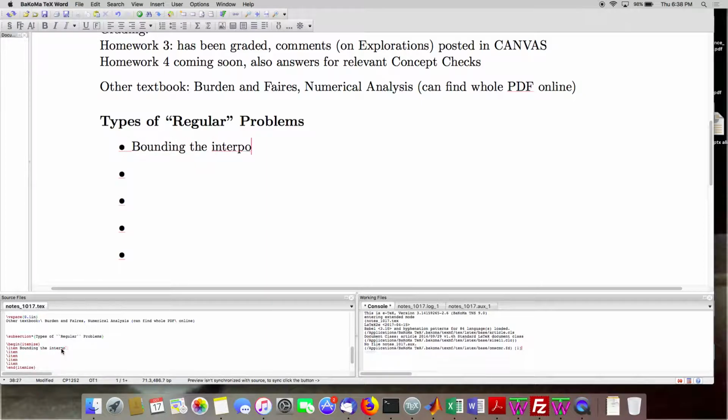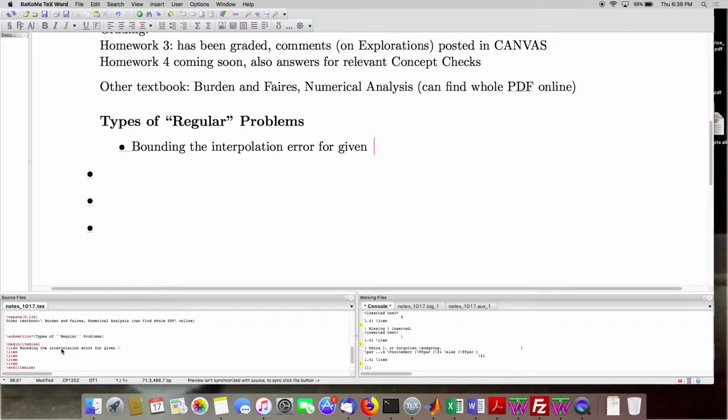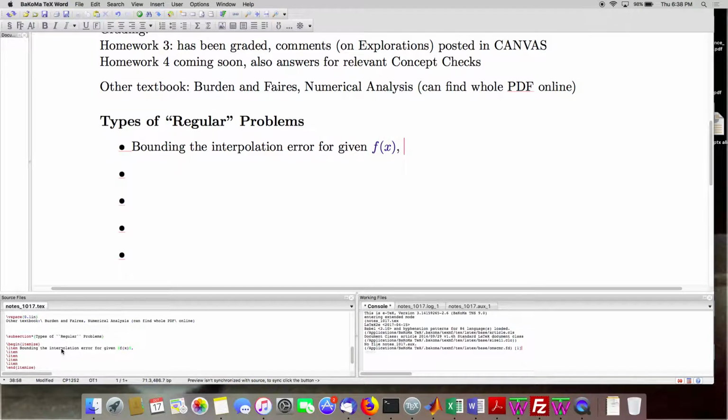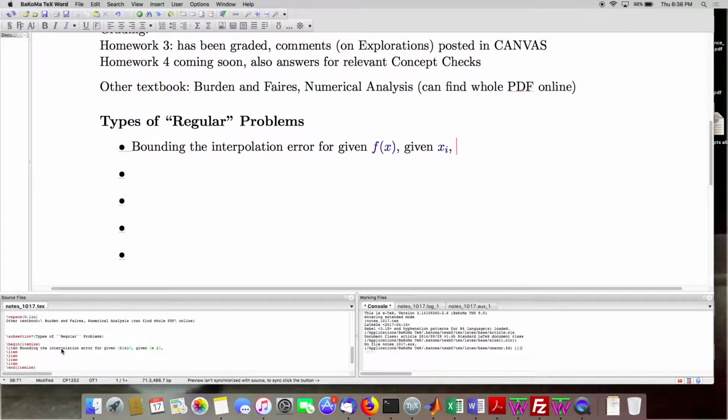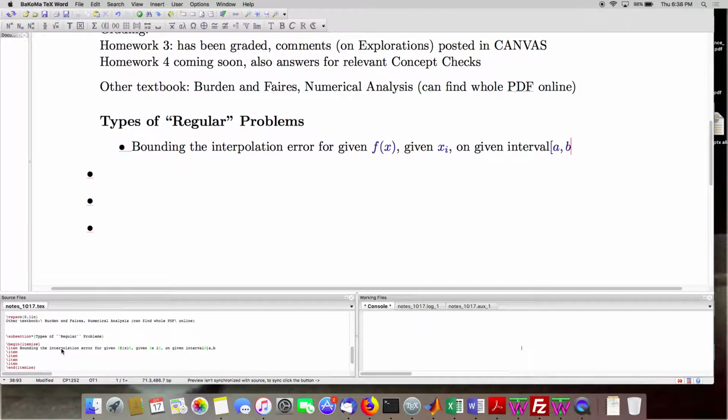Okay. So, bounding the interpolation error for a given function, given x values, on a given interval AB.